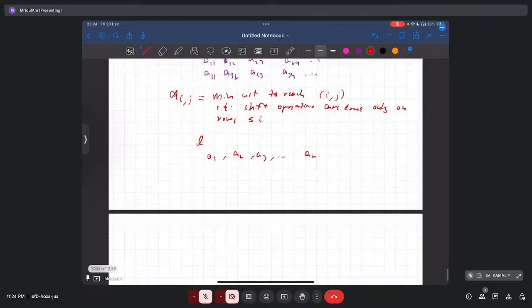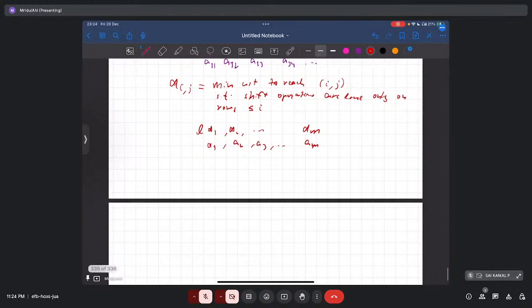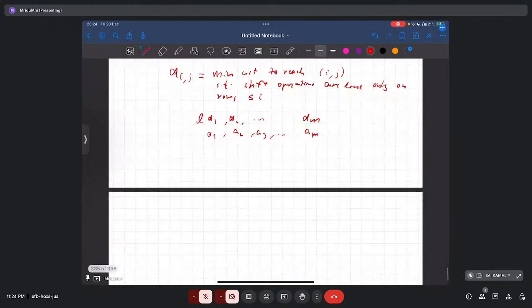So let the DP states of the previous row be D1, D2, till Dm. Sorry, m. There are m elements in a row. So the transitions can be like we go down from D1 and then some right, or down from D2 and then some elements right, or down from some Di and then some elements right.